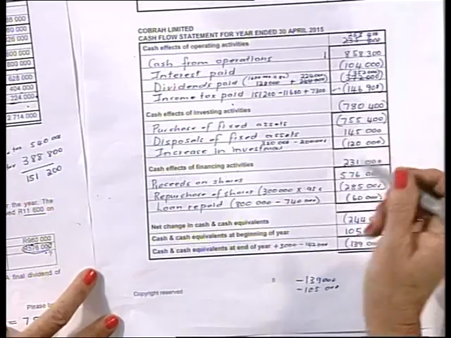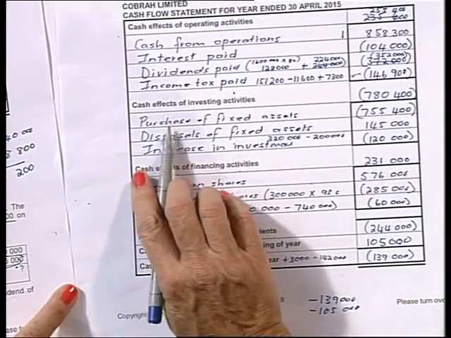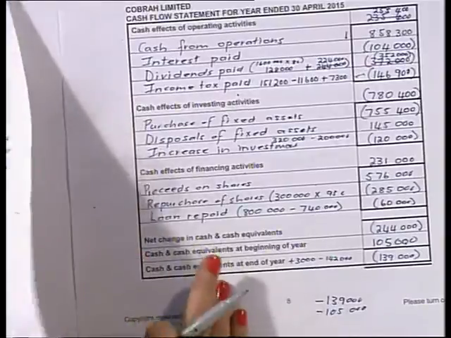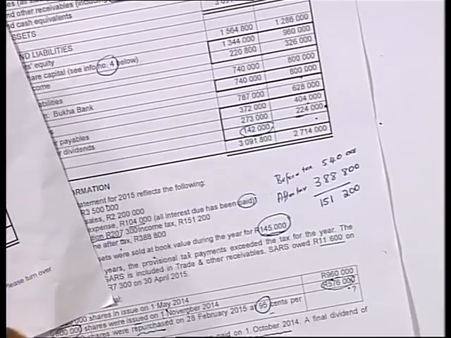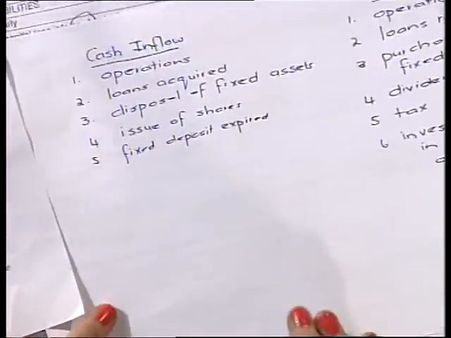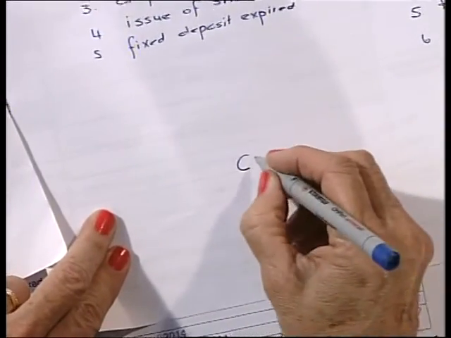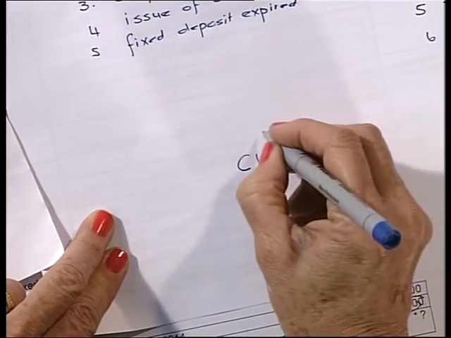I only want to look at the questions here. What's the reason for stock to decrease? Because you sell your stock and your stock is going to decrease. One of you asked me to explain again the change, these two. This is very important, so that's the reason I'm going to do it again. The purchase of fixed assets and the disposal of fixed assets. You're going to say carrying value at the beginning of the year, for fixed assets.